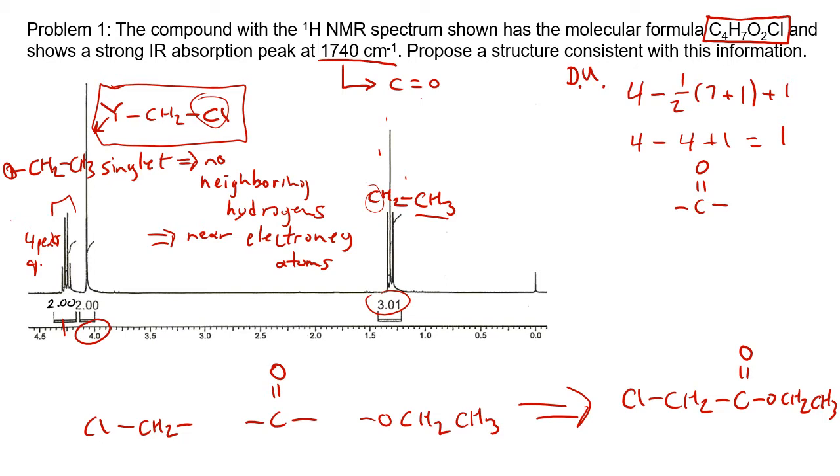And the reason that this CH2 right here is above 4, or just barely above 4, is because it has both this carbon-oxygen double bond on the right and then the carbon-chlorine bond on the left. So both those add up to give it a very large chemical shift. So that's the structure of this compound.